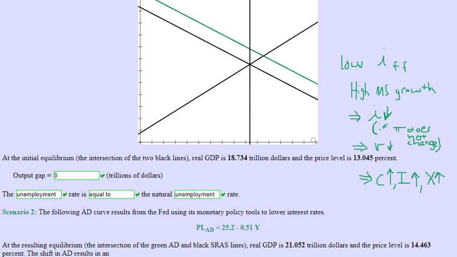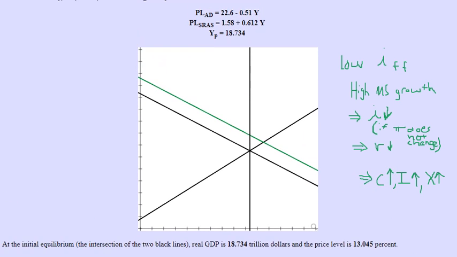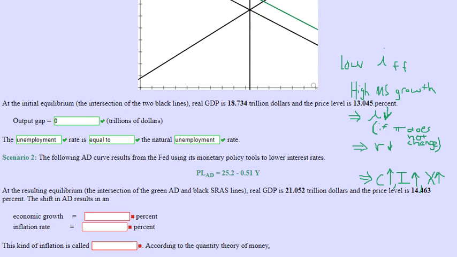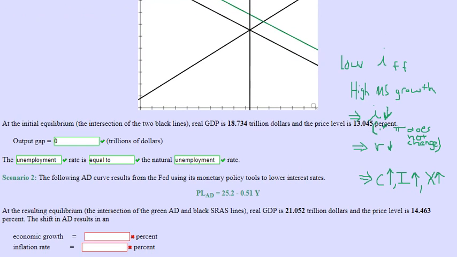Okay, so let me label the diagram here. The new GDP level is 21.052. So let me label that green. I'm going to label it right here: 21.052.